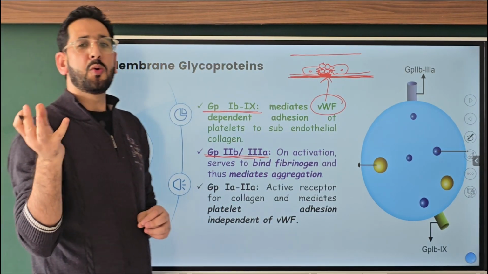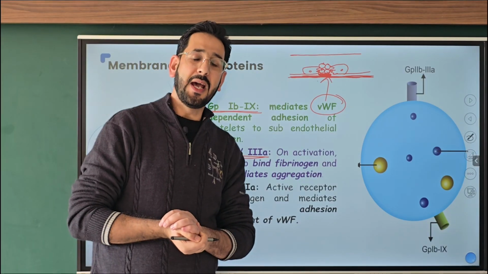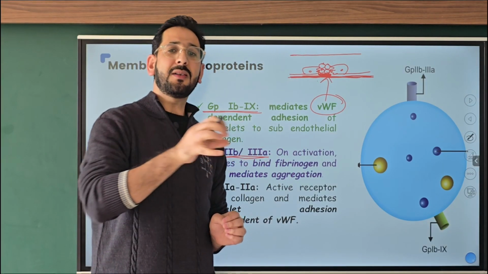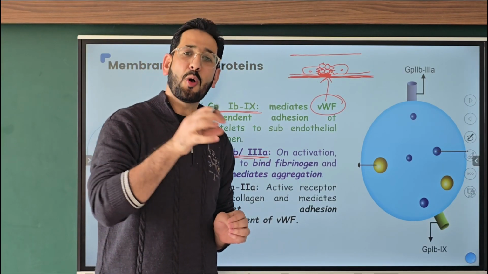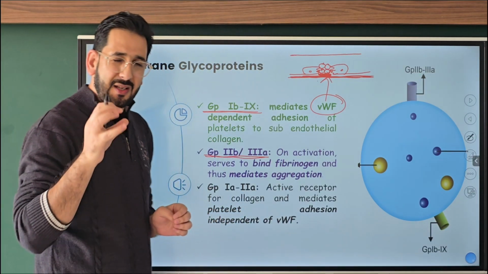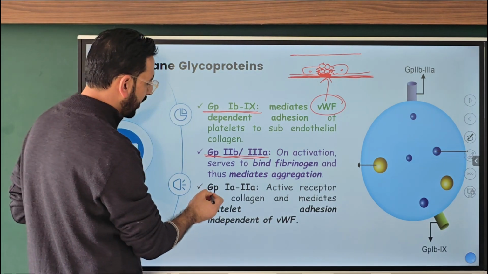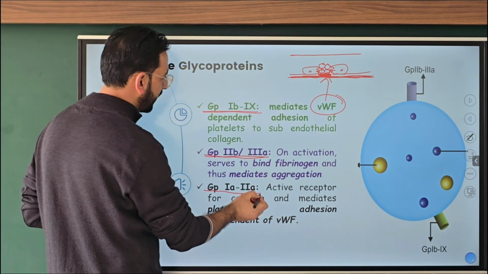Now suppose von Willebrand factor is not there. There can be direct adhesion of the platelets on the exposed collagen, and for that we have a glycoprotein, that is glycoprotein 1a2a.